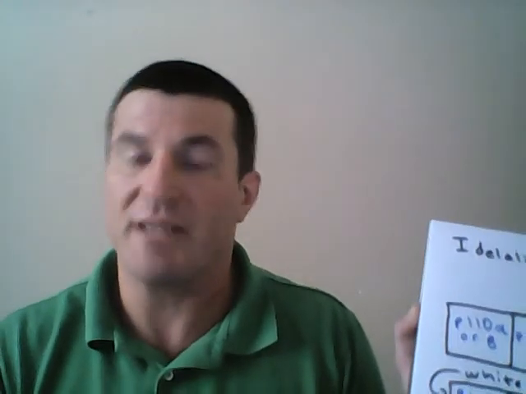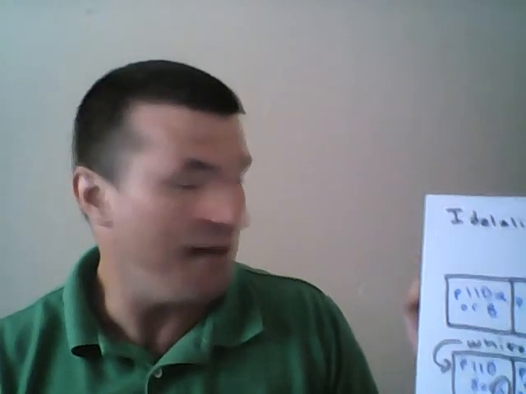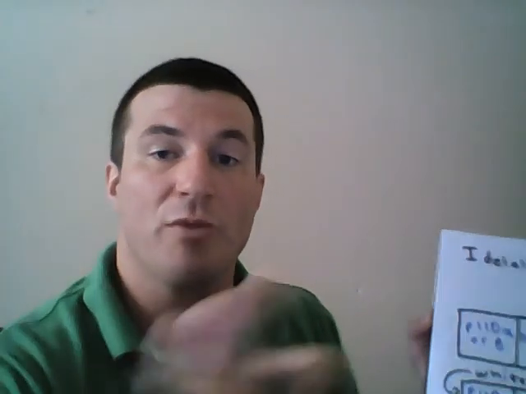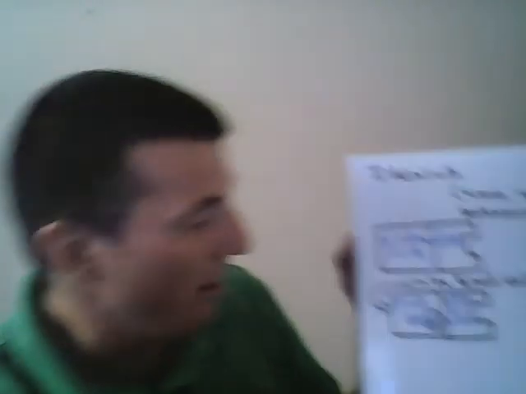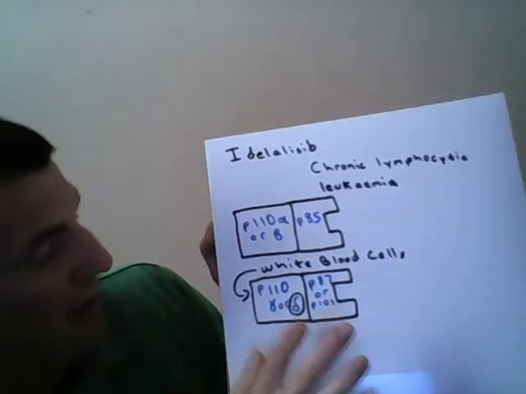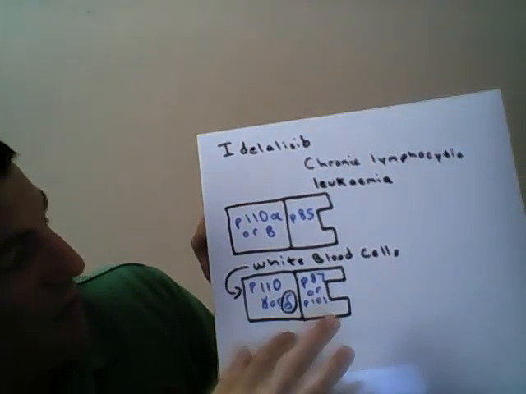With that shut off, the cell is going to be in really big trouble. It's that variation that was able to be targeted, P110 delta, which again is only found in white blood cells and not the rest of the body. So the idea is to kill the cancer cell and not the rest of the body.